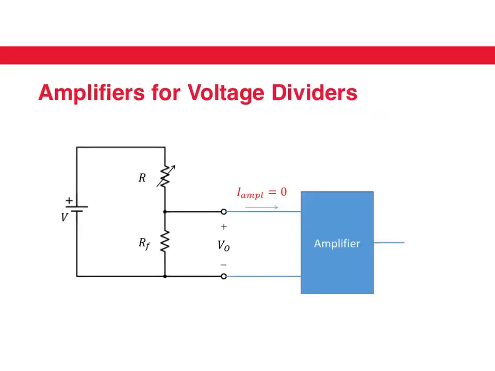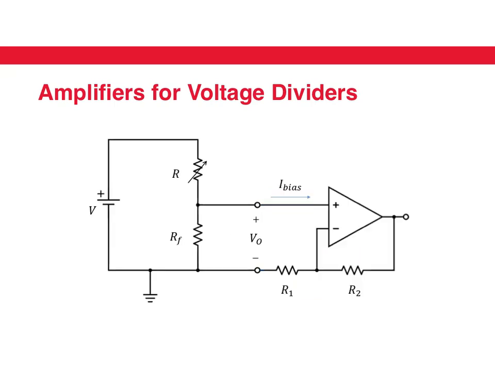Coming back to the amplifier, we said that what we want is that the amplifier current is 0. Now, what kind of amplifier topology do you have where the amplifier current can be 0? If you have a background in op-amps, you know that one of the topologies is a non-inverting amplifier.